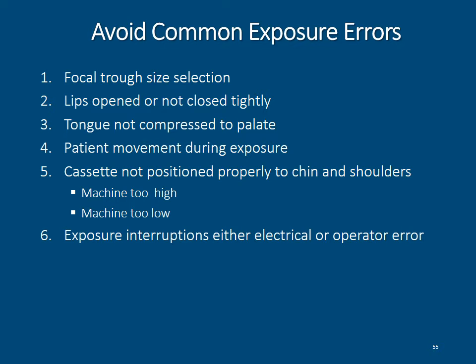The patient may be moving during exposure. The cassette is not properly placed close to the shoulders and therefore will cut off the chin. The machine is left too high or too low. Exposure is interrupted either electrically or by operator error because the button is not compressed or held down the entire time of exposure.